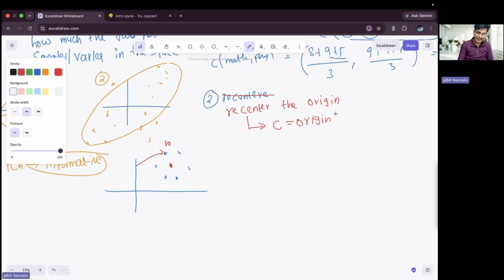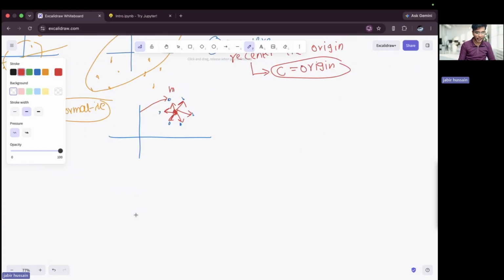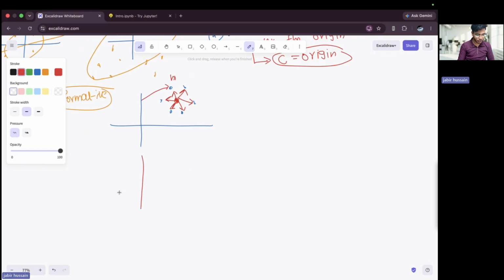We will make the center the origin. To make the center the origin, we take the center point and subtract it from every other point. When you subtract the center from every other point, your data will become something like this. So let me use the blue pen only. Your data will become like this.